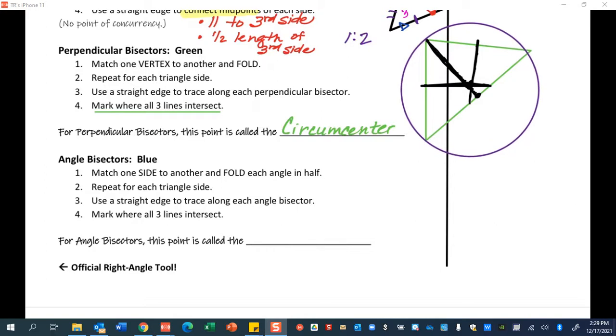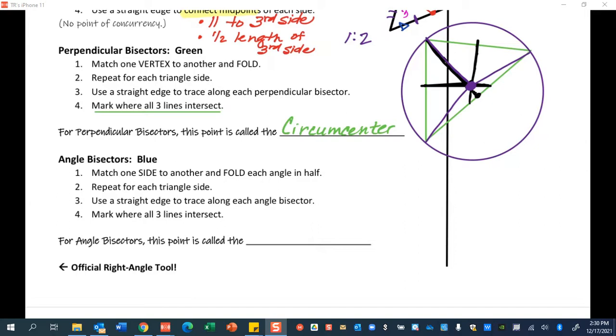So if I had that purple circle that goes around and touches each of the vertices, the exact center of that, now I can't get it to let go. The exact center of that is here. So that means that the distance to each of these vertices is the same.